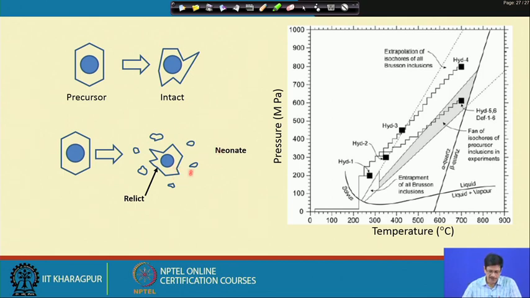Characteristically, the relict inclusion and the neonates, the newly created inclusions, follow roughly a planar or discoidal arrangement, parallel to the minimum principal stress axis, sigma 3, when the stress sigma 1 is vertical, applied through the piston apparatus used by these workers.